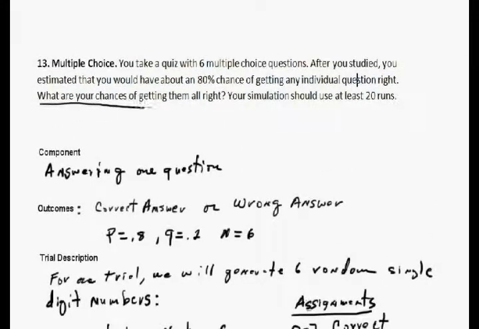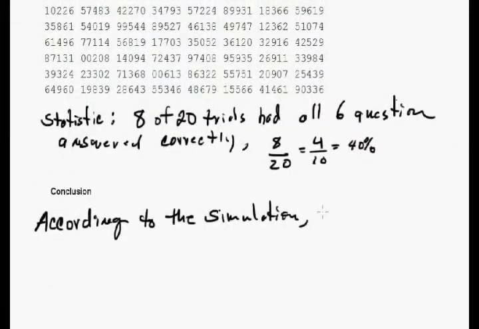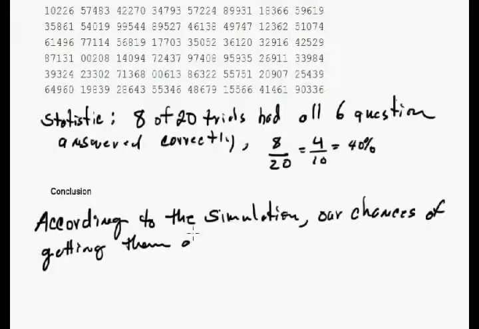What are your chances of getting them all right? Okay, so according to the simulation, our chances of getting them all right is 40%. So I've answered the question in context.